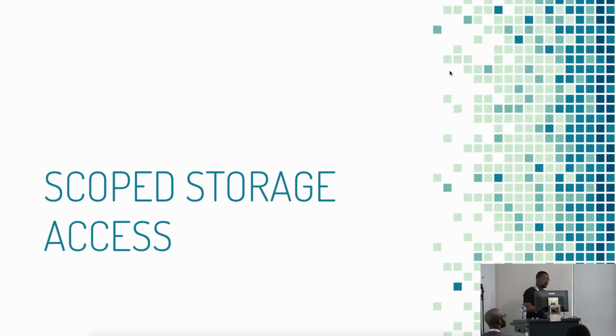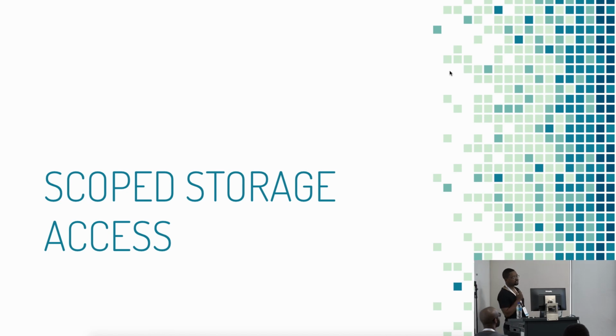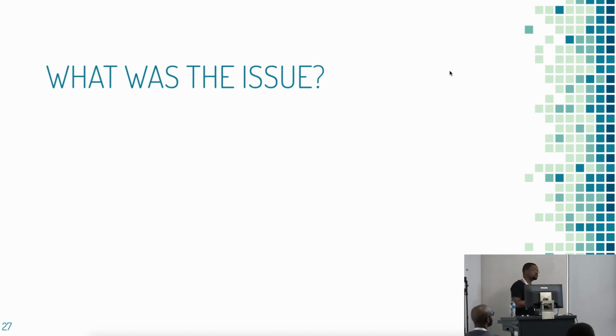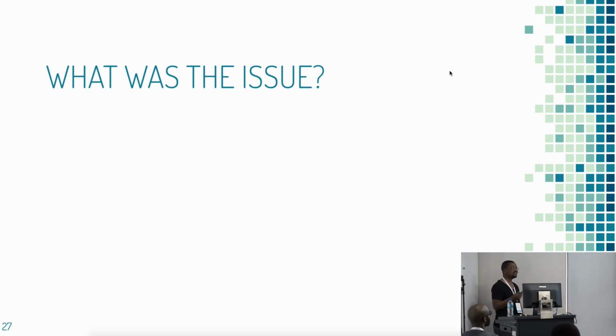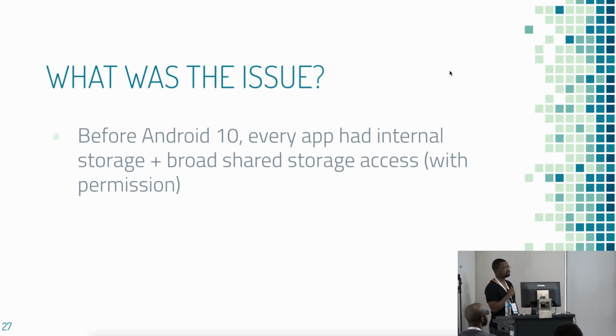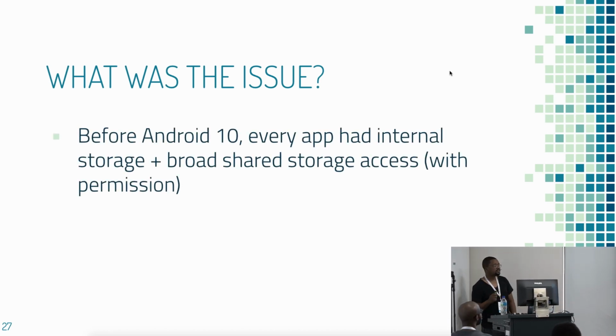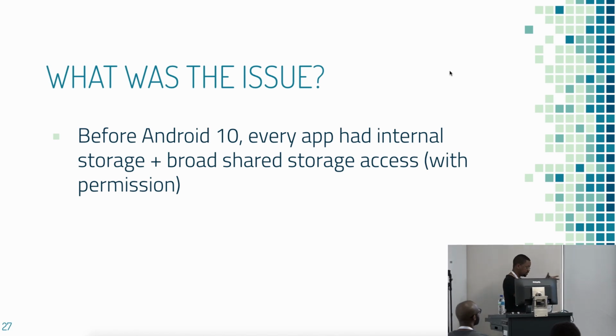Okay. One of the changes they've made in Android 10 is to deal with scoped storage access. There were a few issues that were raised, which is what led to this being implemented. Before Android 10, every app had internal storage.